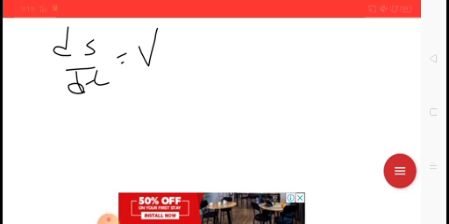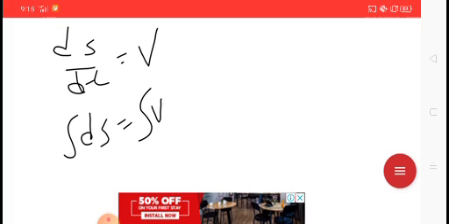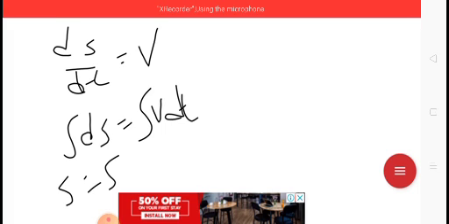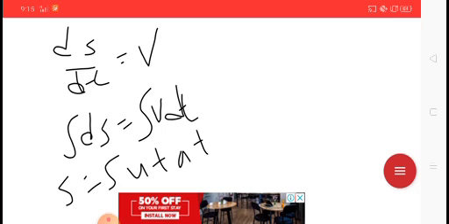For 1B, the question says ds/dt is equal to v. Same thing, separate them to two sides. So integrate ds, and you have v dt, so that s equals the integral of, using the output from the previous part, u plus at dt.